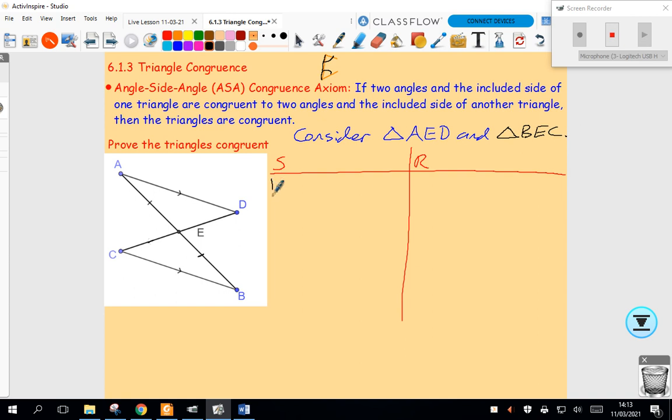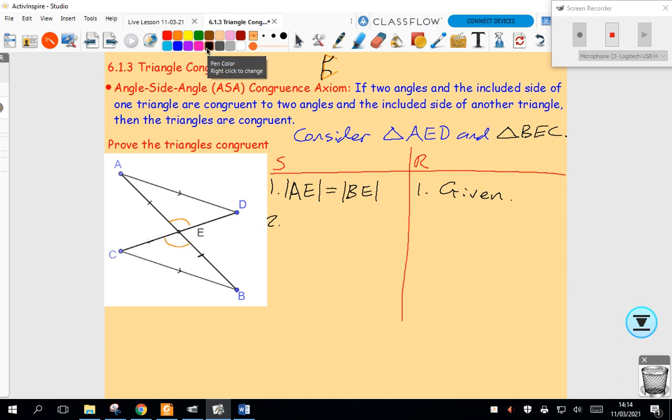Okay, statement number 1. Well, I'm going to say line segment AE is equal in length to line segment BE. And my reason here is that's given. I'm also going to say that this angle here has to be equal to this angle here.